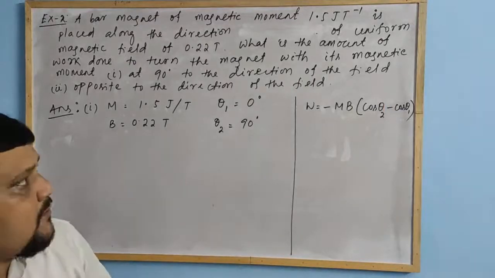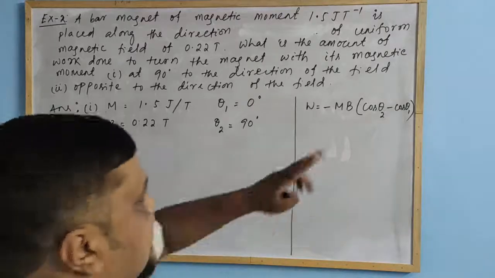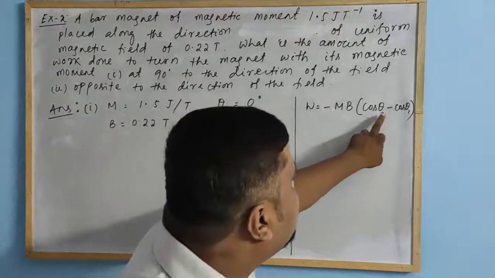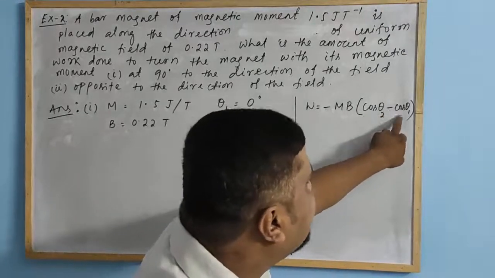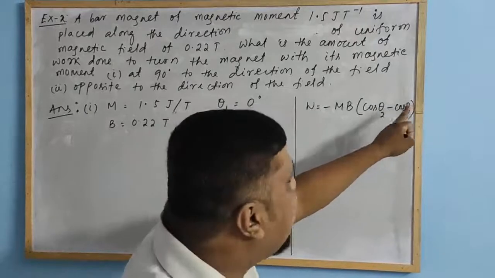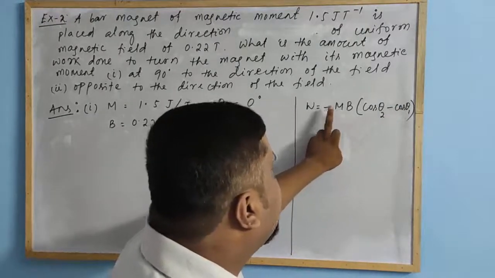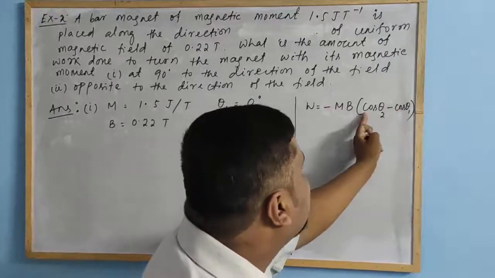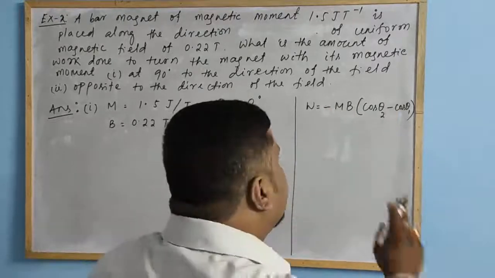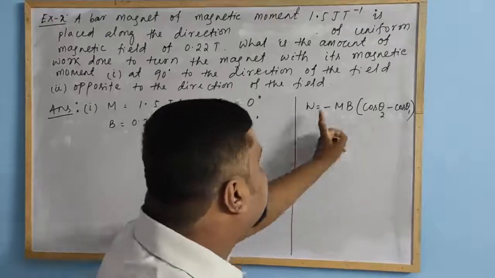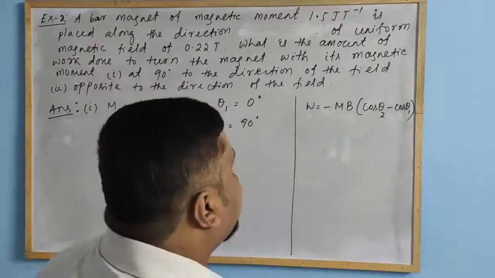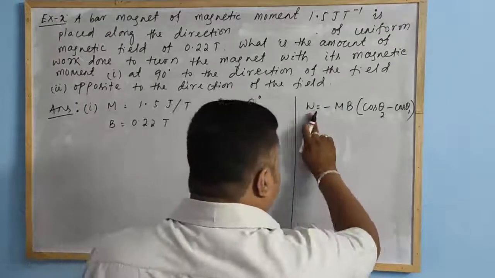So this is the formula for work done. Remember, minus MB (cos of the final angle minus cos of the initial angle with the magnetic field). Remember this minus. If it is plus, then it is MB (cos theta 1 minus cos theta 2). This plus or minus sign is very, very important here. So this is the work done formula.